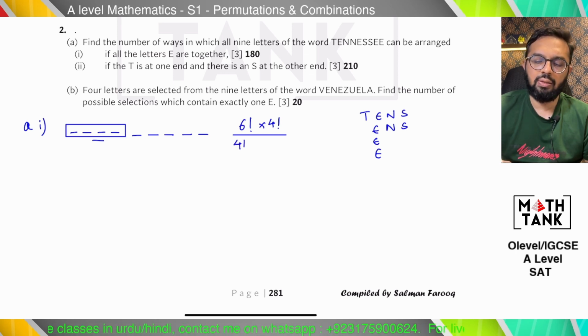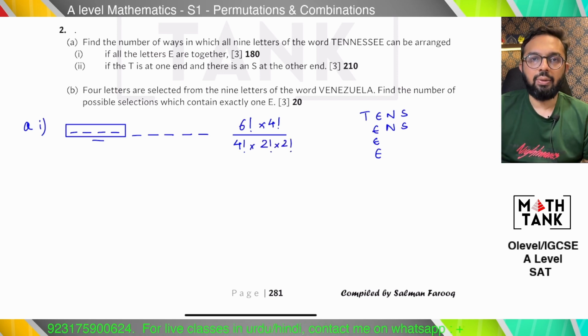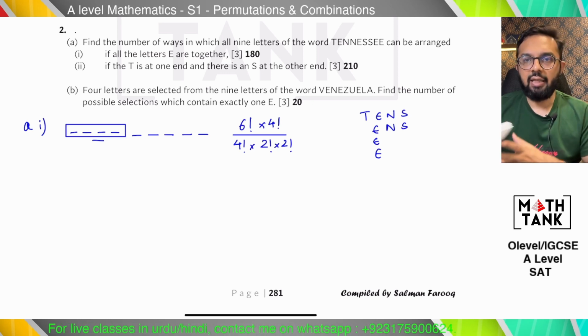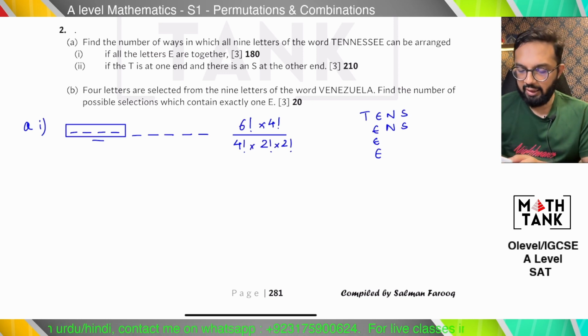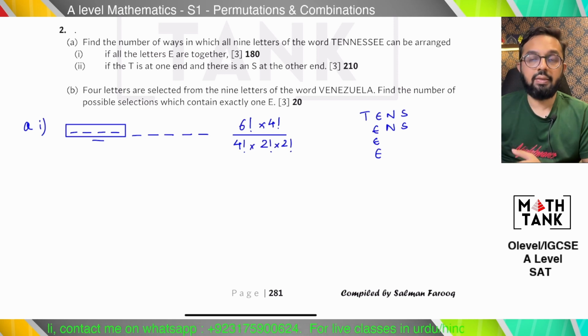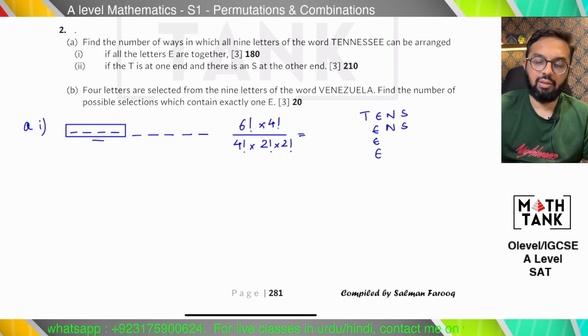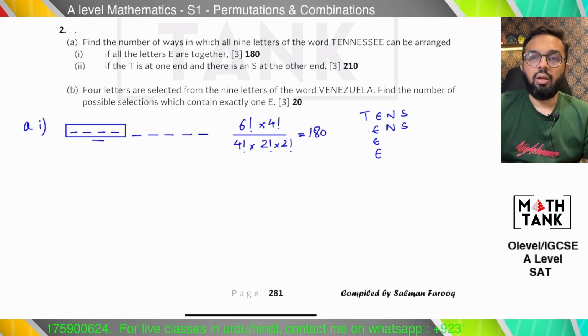So there were 4 E's, so 4 factorial, 2 N's, so 2 factorial, and 2 S's, so 2 factorial. Let's see if that gives us the correct answer. The correct answer should be 180. Yes, this calculation gives me 180. So whenever you want to keep something together, put that in a box and shuffle it around.